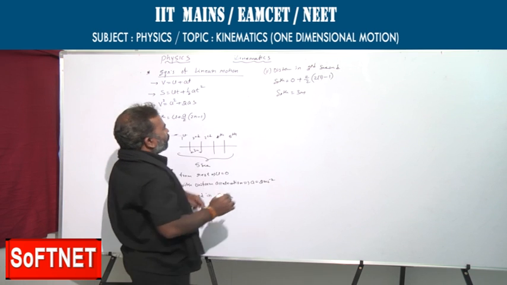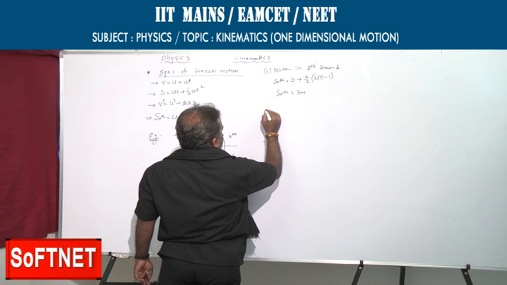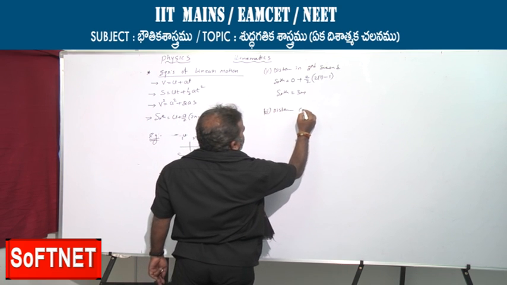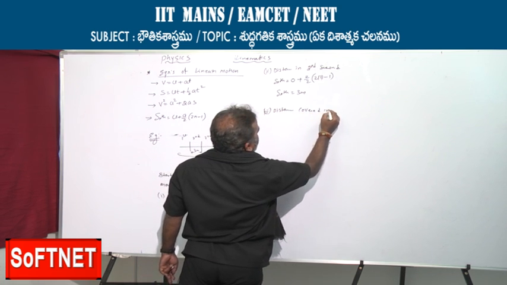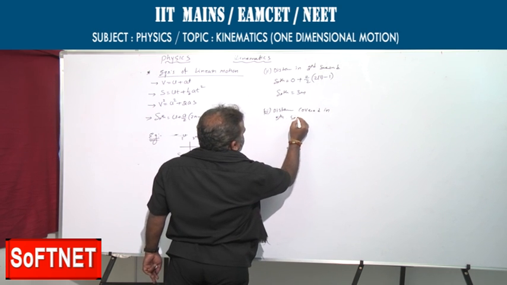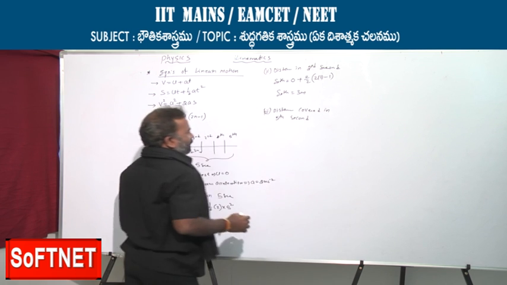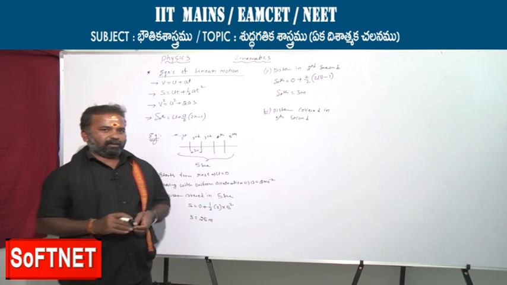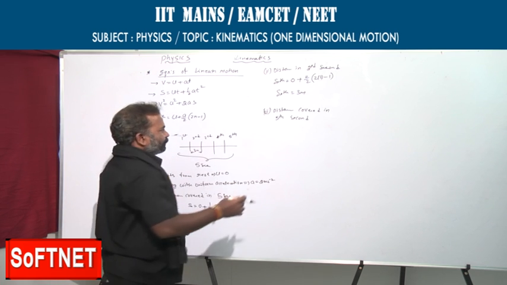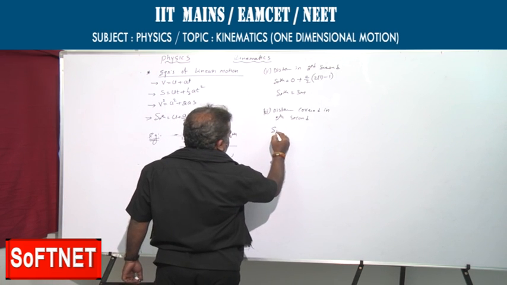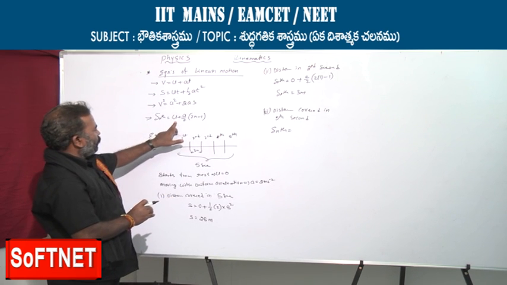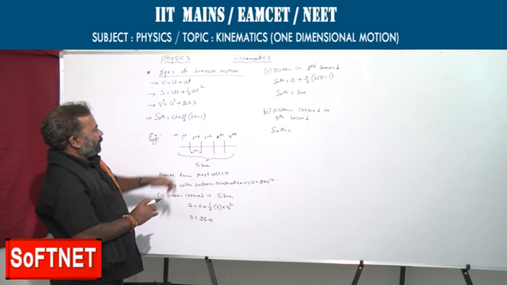If I want distance covered in fifth second. Distance covered in fifth second is asking in fifth second. So again we should apply nth equation. Nth is equal to, nth equation what we are having? U plus A by 2 into 2n minus 1.